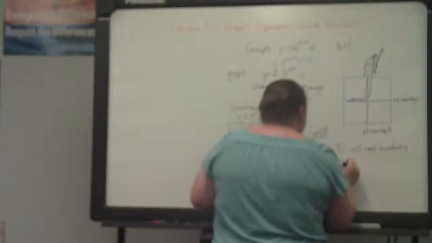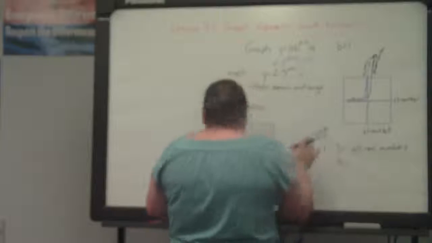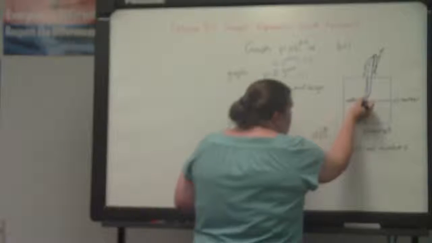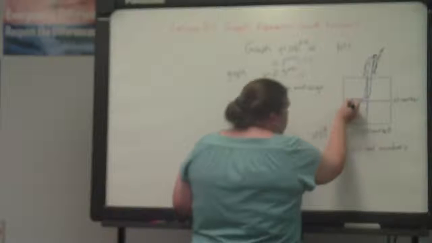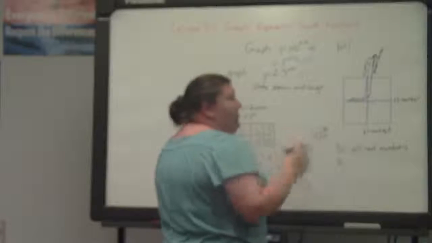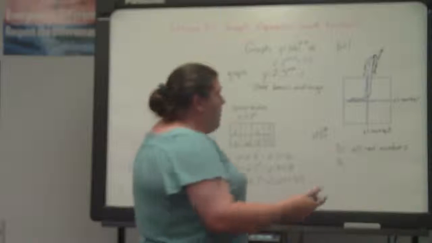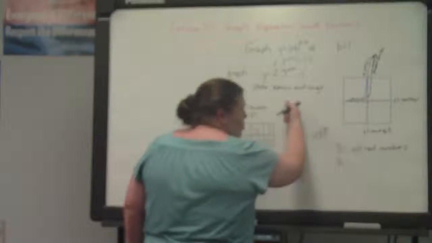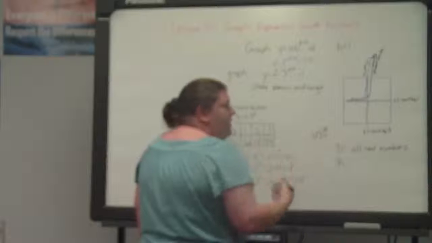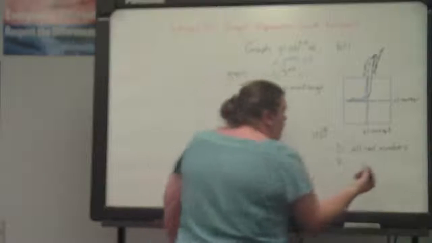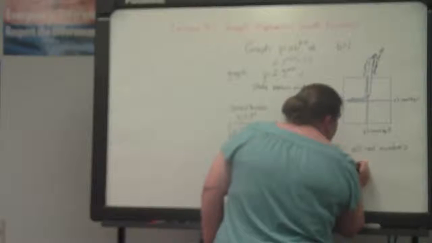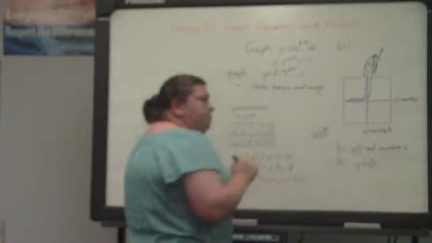And my range, again, as you see right here, is getting closer and closer to 0, but it does not touch 0. No matter how far I go to the left, it's never going to completely touch 0. And so therefore I can say my range is y is greater than 0.